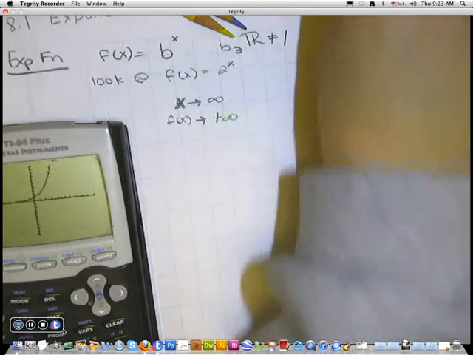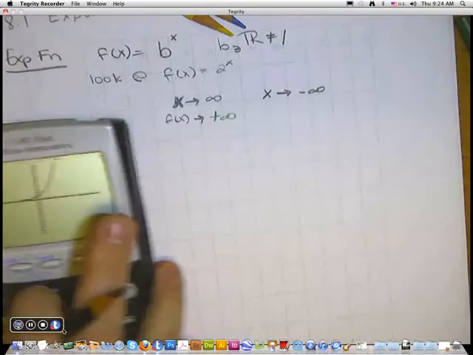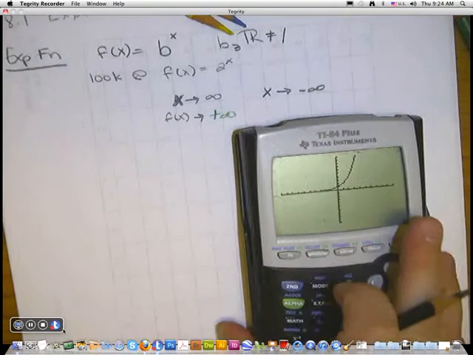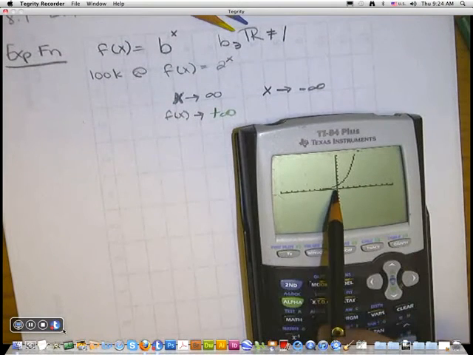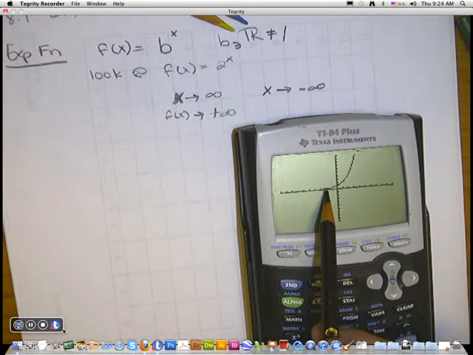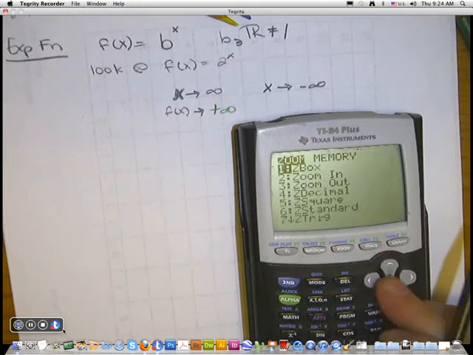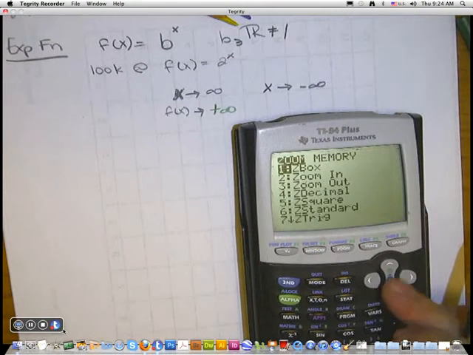Alright, so let's go the other way. As x values approach negative infinity. So over here, here are my x values. As they get to negative infinity, what is happening to my y values? Where are they going? Now you might need to zoom in so you can actually see what is happening here.